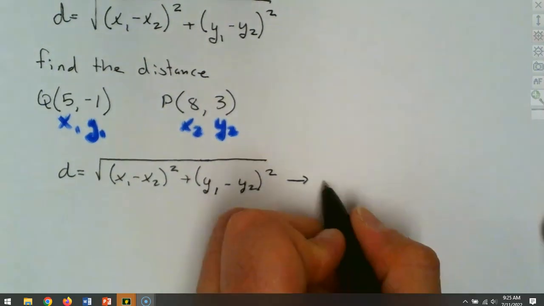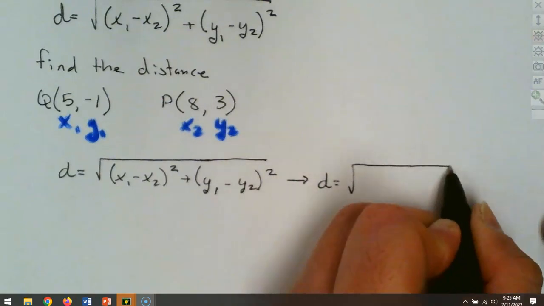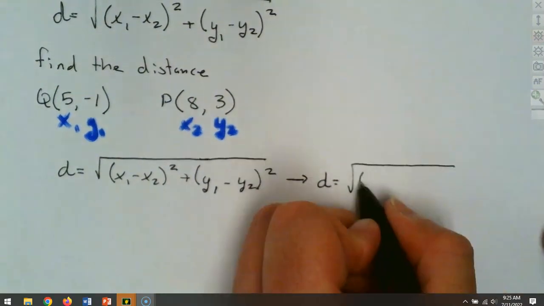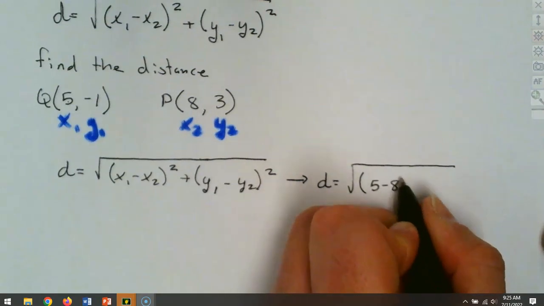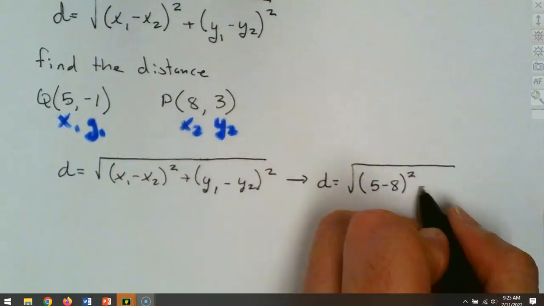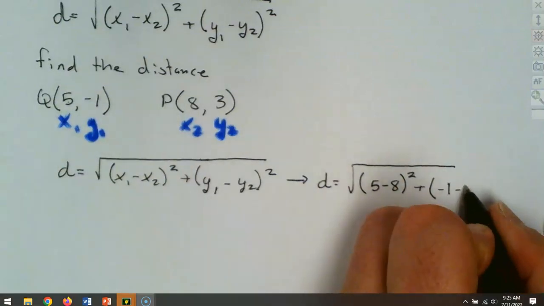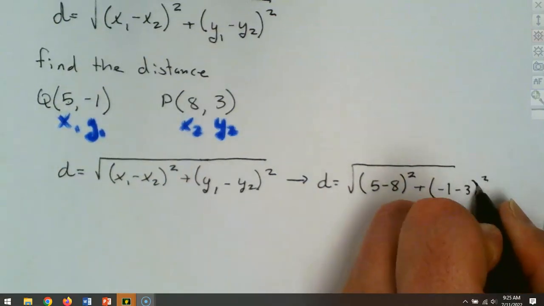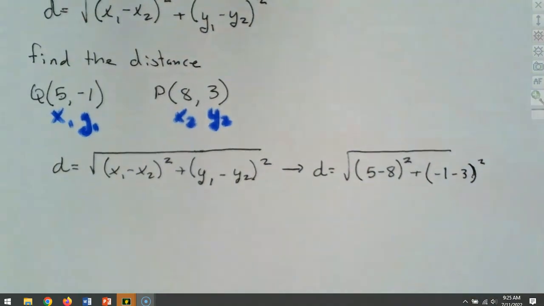So we have to make sure that we're really careful with our numbers. So what do we have then? Now if we plug our values in, we have d equals the square root of 5 minus 8 quantity squared plus minus 1 minus 3 quantity squared. And so then we just square, subtract, we square, and we're done. So let's do our parentheses first.